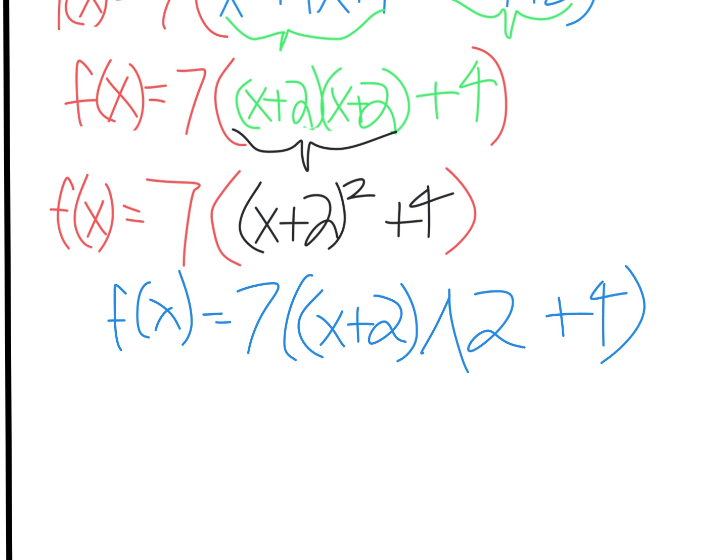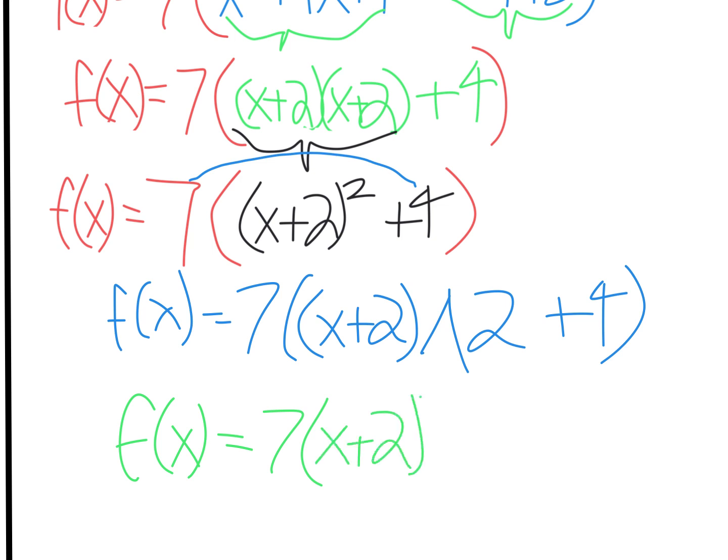Now, if you didn't want to do the double parentheses, you would distribute the 7 to the 4 only. So you could write f of x equals 7 parentheses x plus 2 squared, and then 4 times 7 is 28, right?